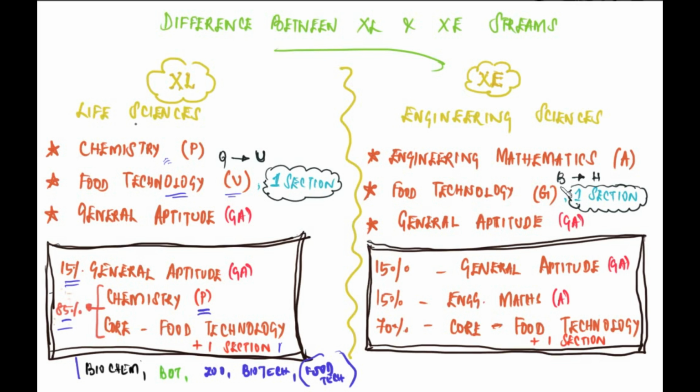Then you have sections from B to H. I'm listing down the sections here.